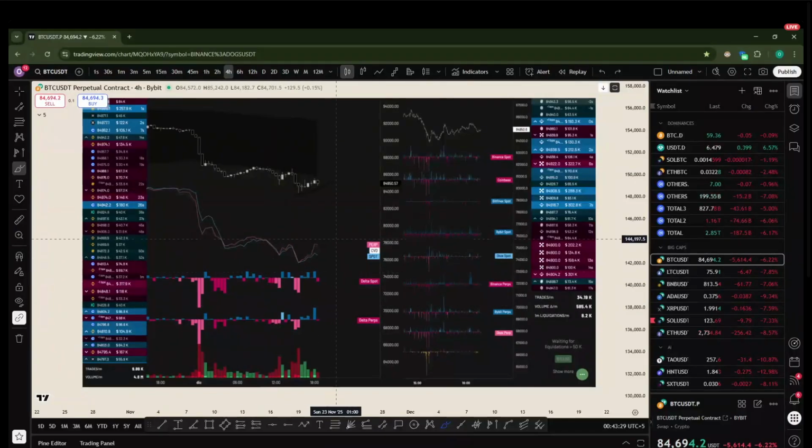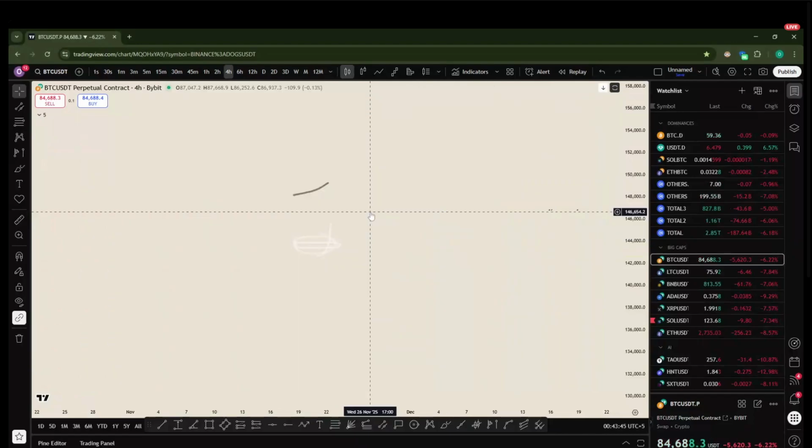On these exchanges, the spot buys should be really high, and spot should be leading instead of perps. But you can see here that perps are leading. That should not happen. Spot should be leading, and then this is a really good sign for a bottom in.